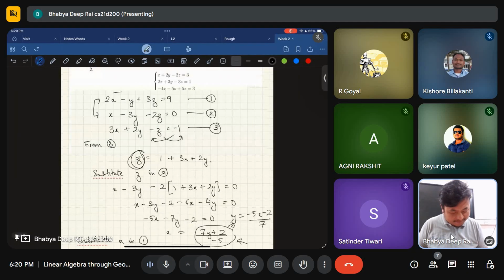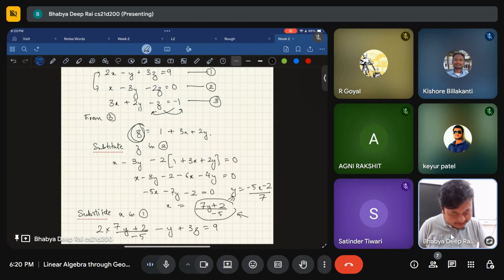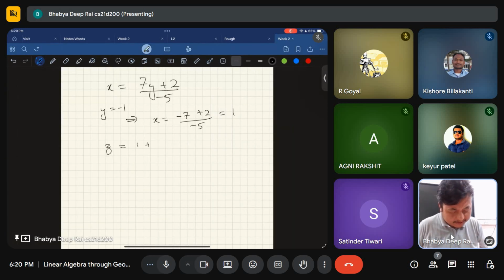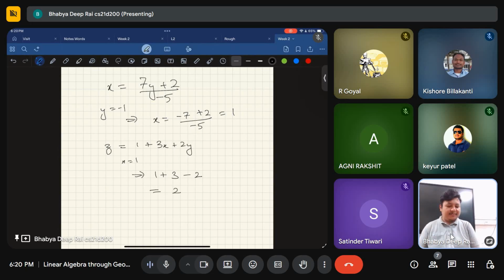Now, for z, you can use this equation. Okay, z equals 1 plus 3x plus 2y, and you get x equals 1. Then 1 plus 3 minus 2, because y is minus 1, which is equal to 3 minus 2 is 1. So this is 2.